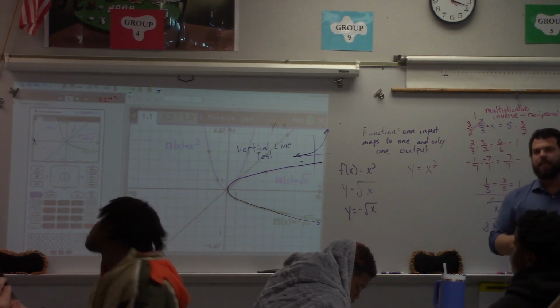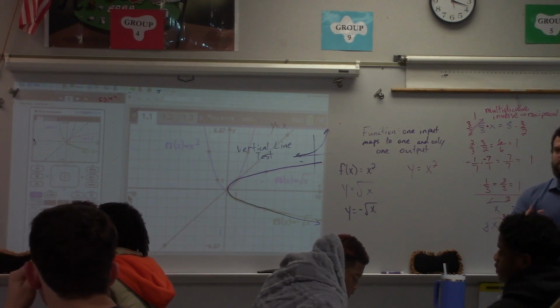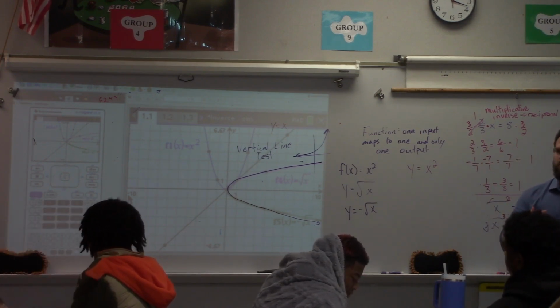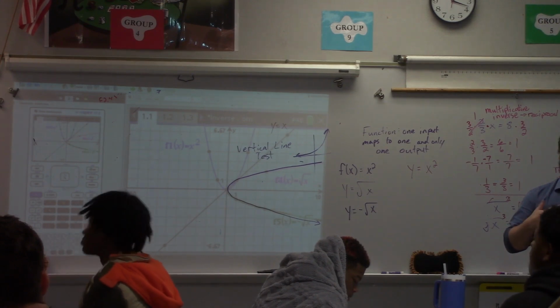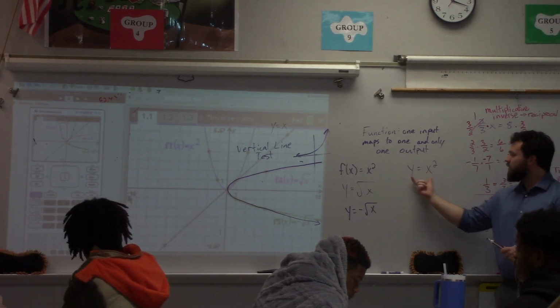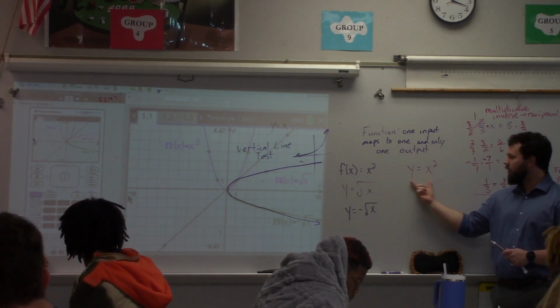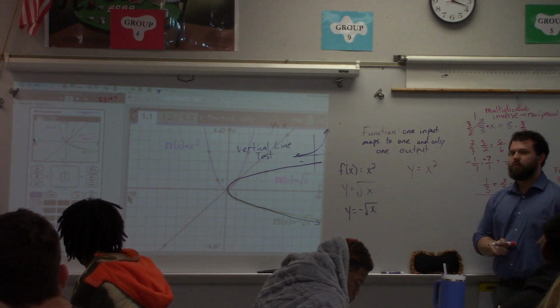What did we say from the beginning an inverse function does? It transposes. What's transposing? The inputs and the outputs. So if I look at this equation, what would it become if I transpose my inputs and outputs?